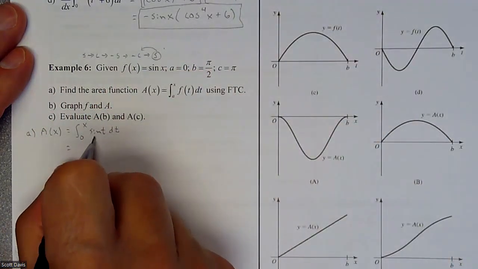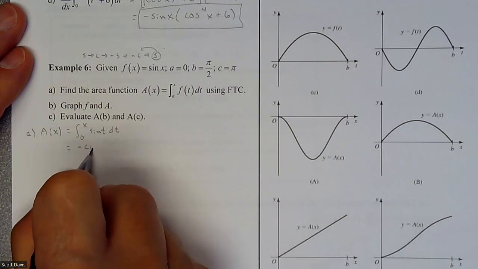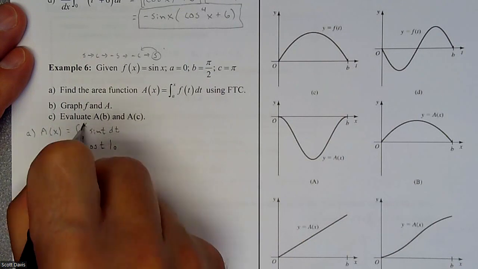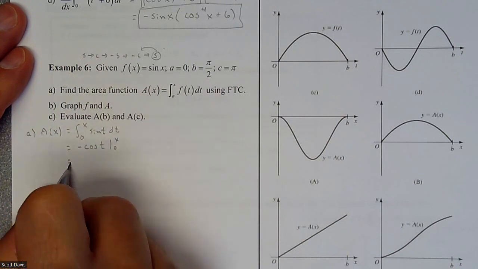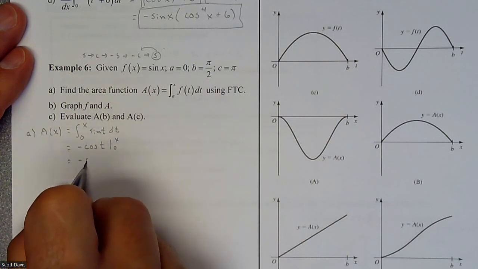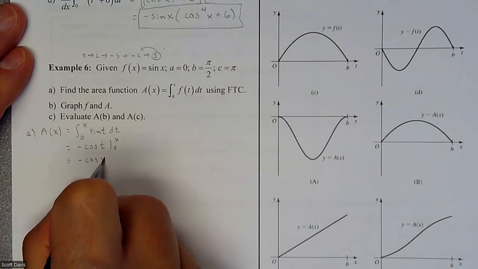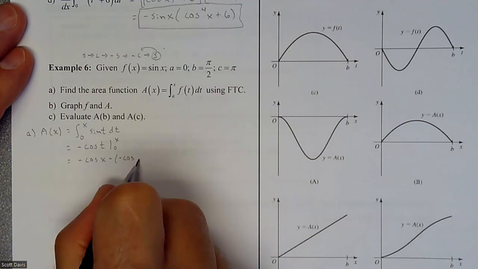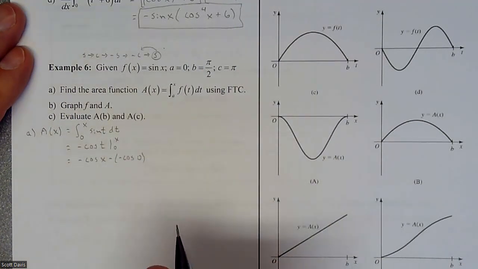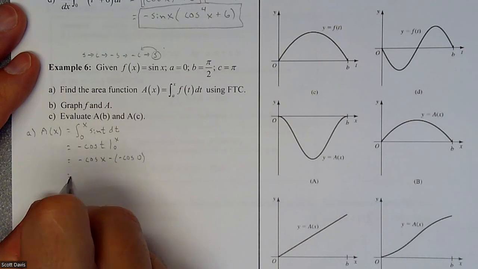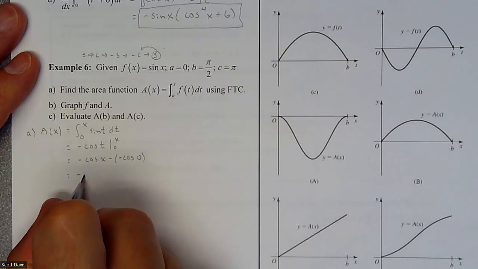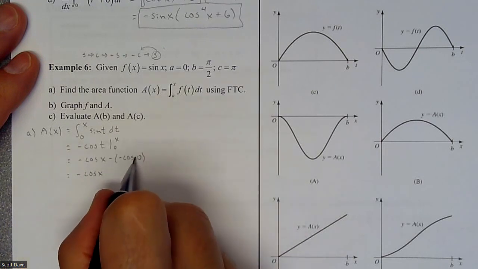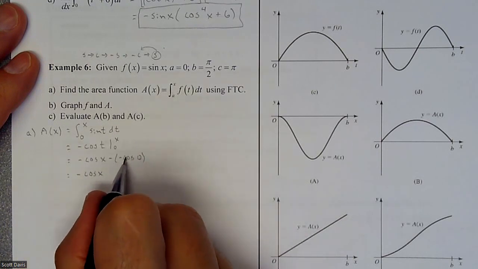If I do the antiderivative of this, we would have negative cosine of t, and we're going to plug in 0 and x. So we'll have negative cosine of x minus negative cosine of 0. Negative cosine x is negative cosine x, and cosine of 0 is 1, so that's a negative 1.